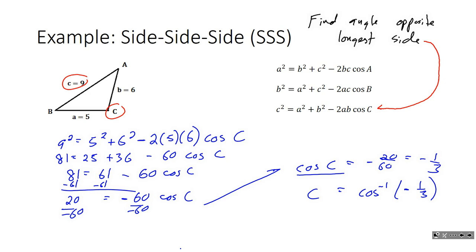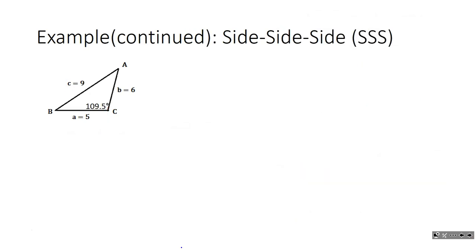Reach for a calculator, degree mode again, round to 1 decimal place. At least that's what I've decided to do on these problems. And what you have is 109.5. Okay, so angle C, of course, is more than a 90-degree angle, almost 110. Let's continue with this problem.